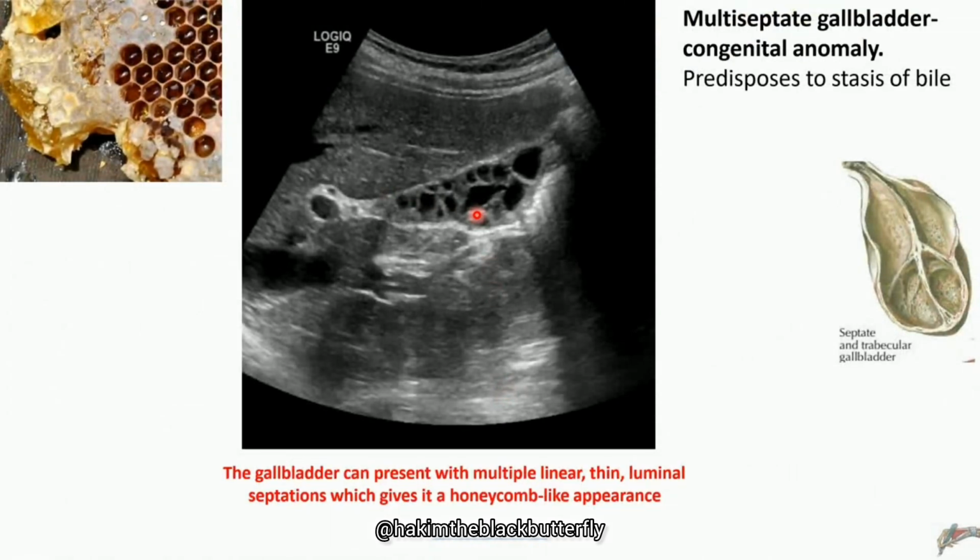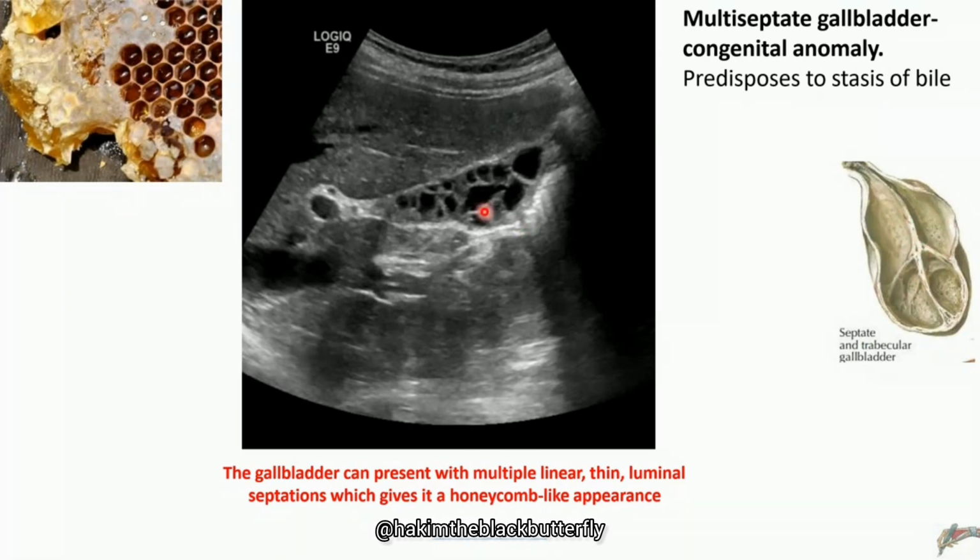Then it's possible for someone to have a gallbladder with multiple septations, because during development, the gallbladder lumen has to be fully formed. All these septations have to be dissolved during the development of the gallbladder. So if they remain in place, your gallbladder's internal component is going to be septated. It's going to be divided by these linear structures.